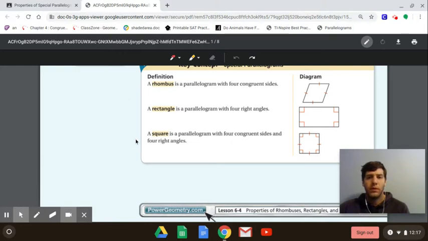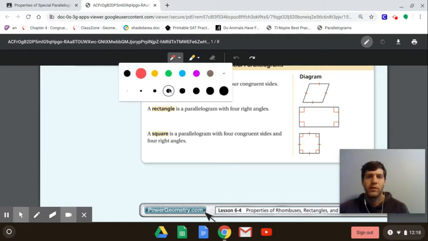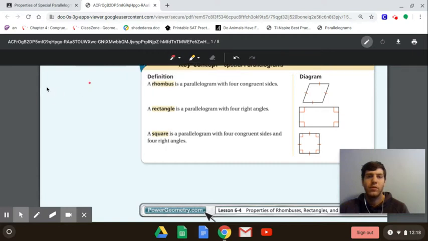So a square is both a rectangle and a rhombus. All three of these are parallelograms because they all have two pairs of opposite sides that are parallel. So the properties for parallelograms still stand. Right? So for all of these, we know that opposite sides are congruent. We know that opposite angles are congruent.